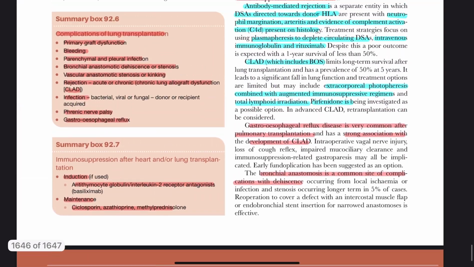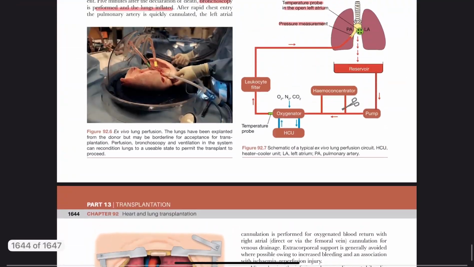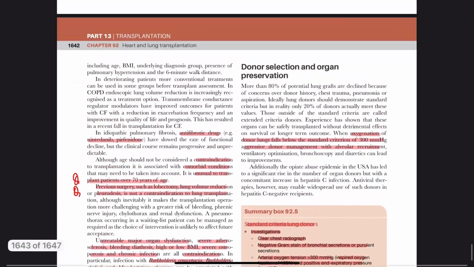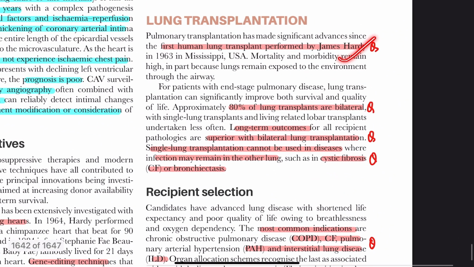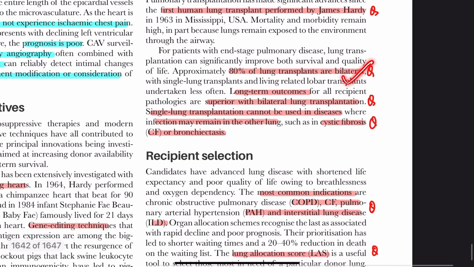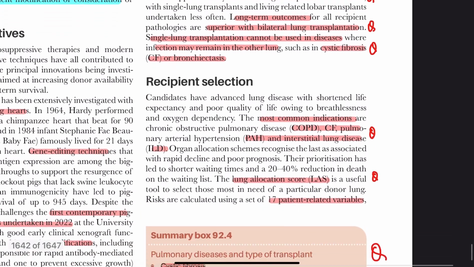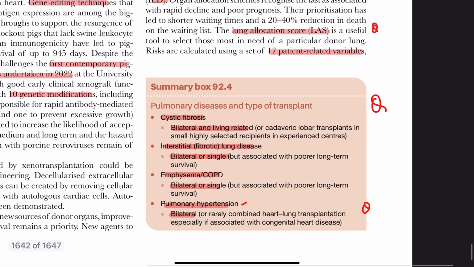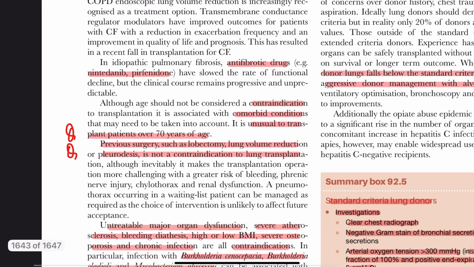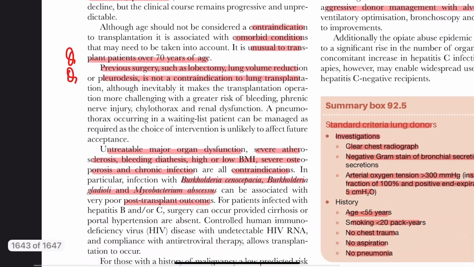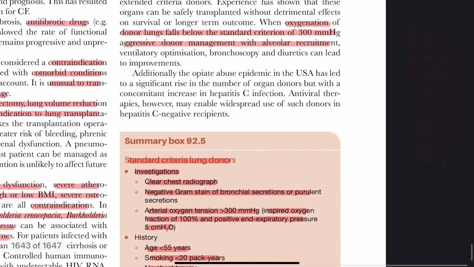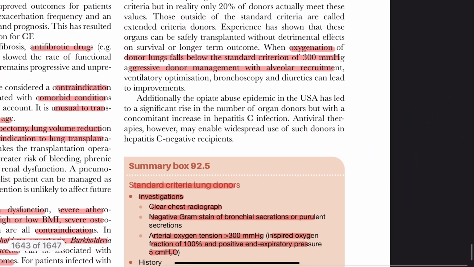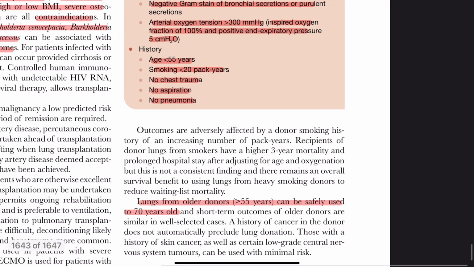The last one minute, important MCQs from this. Mostly bilateral, and this is superior. Now come to the indications for bilateral and unilateral. Then they will ask you the donor criteria.